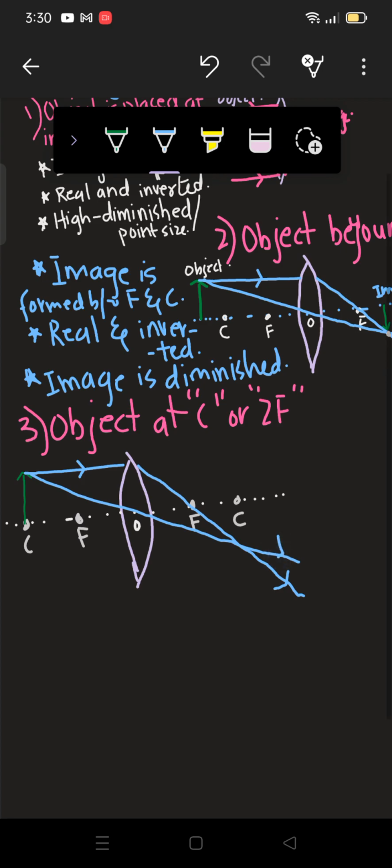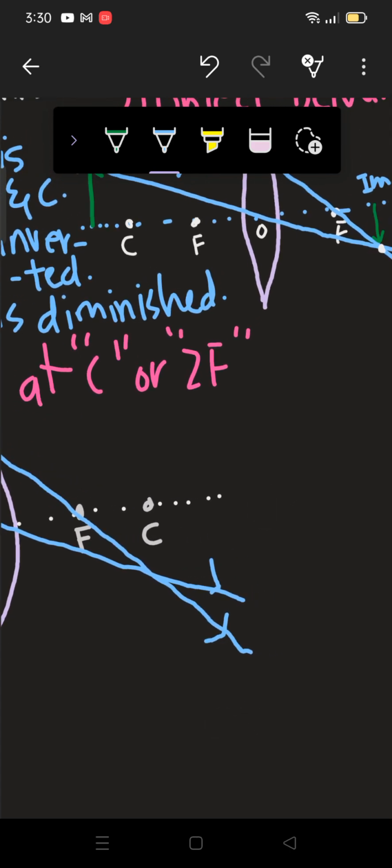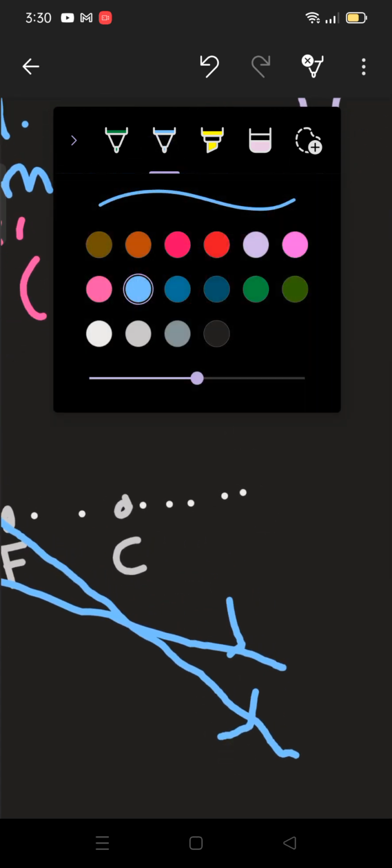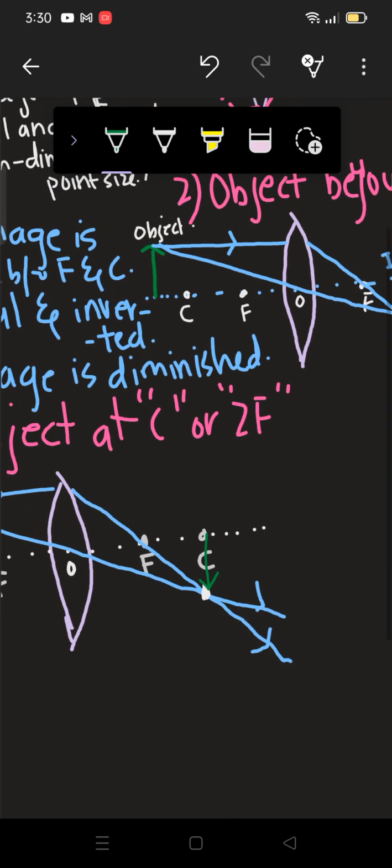As you can see here, where is the meeting point of these two lines? Here is the meeting point.